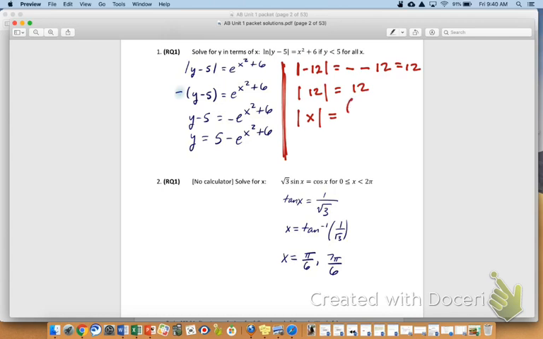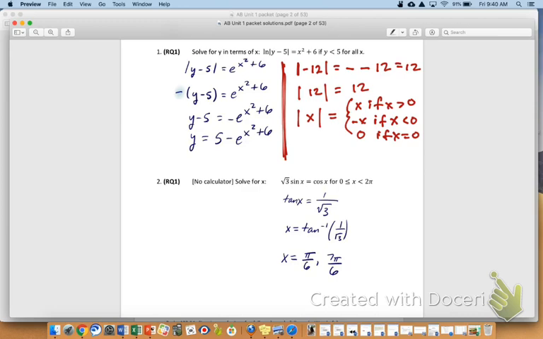I'd say the absolute value of x is x if x is positive. If that number in there is positive, then the absolute value of it is just that number. If x is negative, then what's the absolute value of x? Negative x. Make sense? It's a hard one. And then, of course, if x is 0, then the absolute value of 0 is just 0.